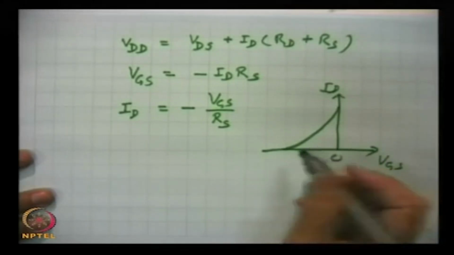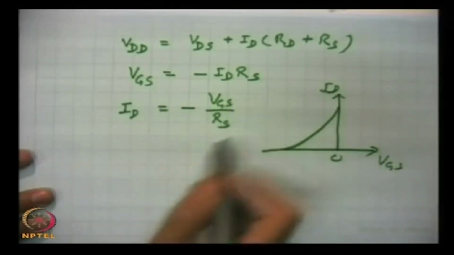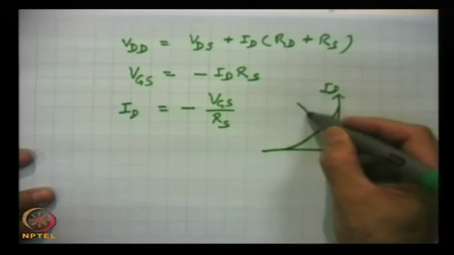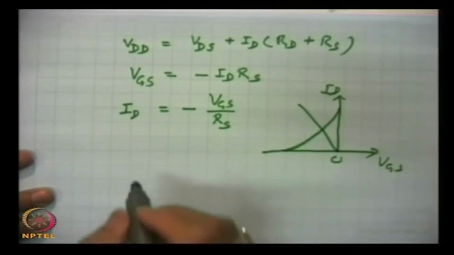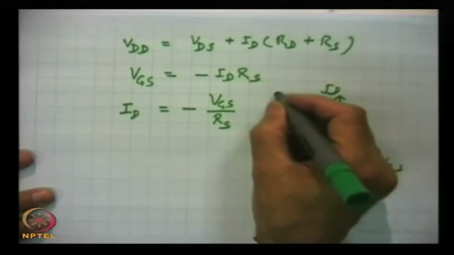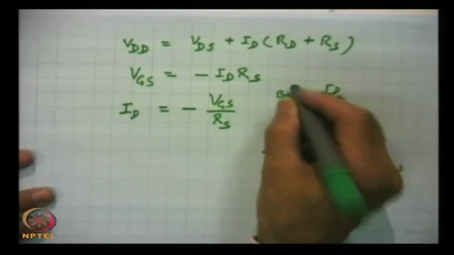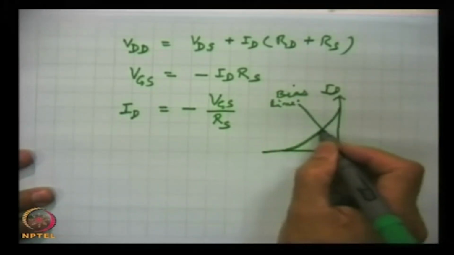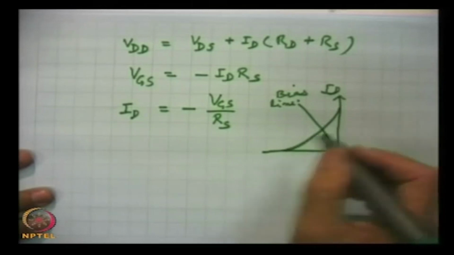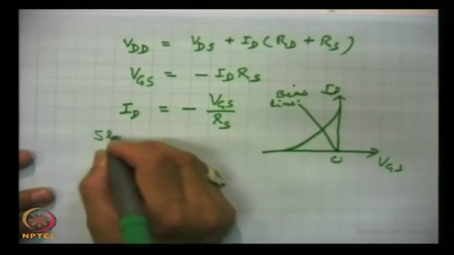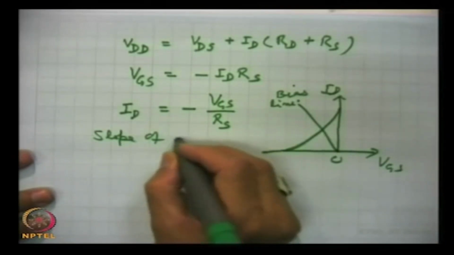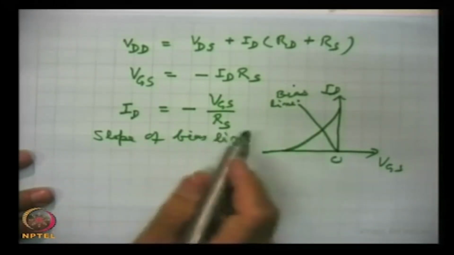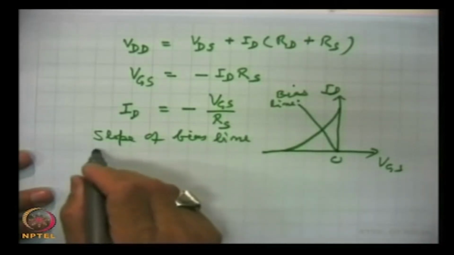and this is the line. When we plot on this, it is like that. This is called the bias line, and its slope depends on the value of R s.